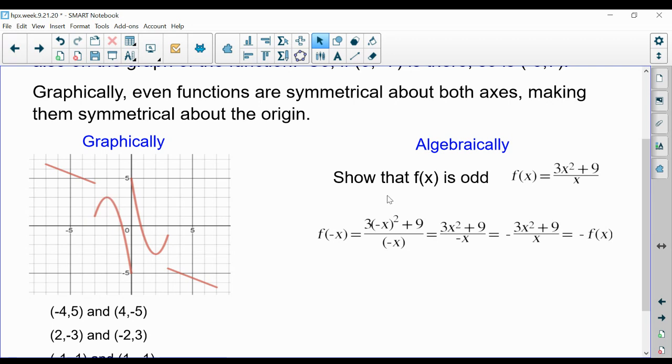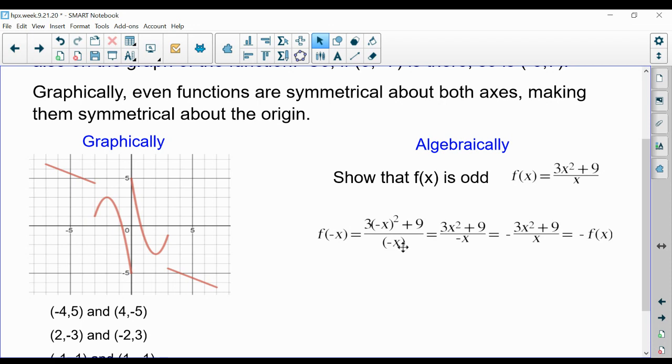Algebraically, what you need to do is replace all the x's with their opposites and then show that it equals the opposite of the function. So I replace all the inputs with -1x. So that's 3 times (-1x) squared plus 9, all divided by -1x. Well, the (-1x) squared just becomes x squared because those two -1s cancel out.